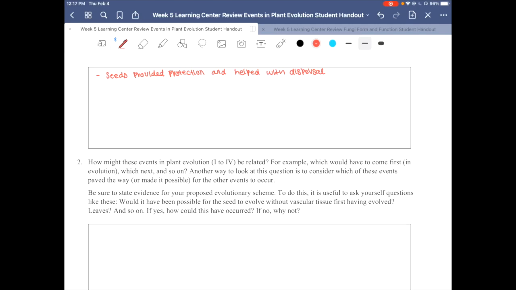And the last comment I see is seeds could withstand. So yeah, they can withstand different climates and environments until they can actually germinate.